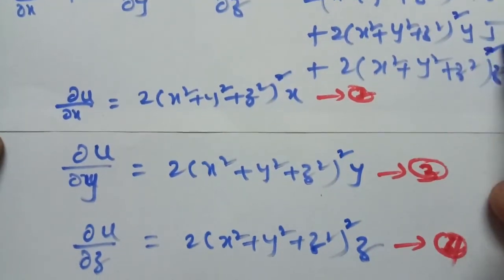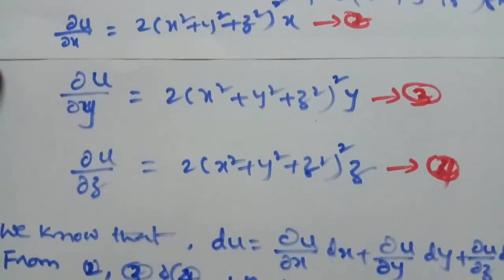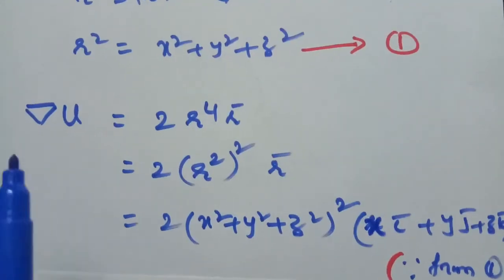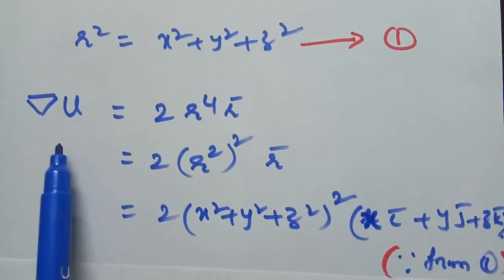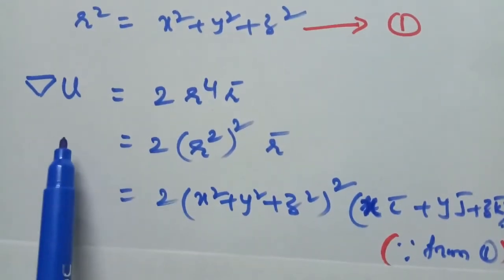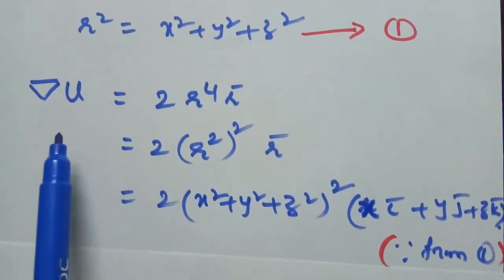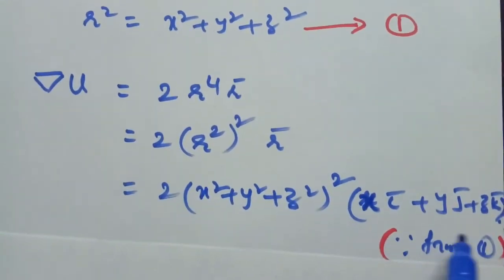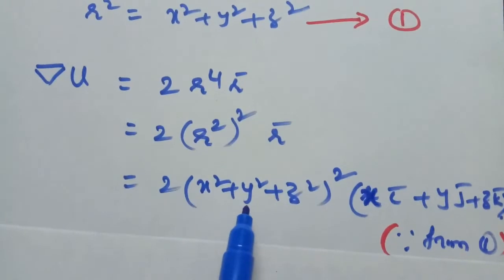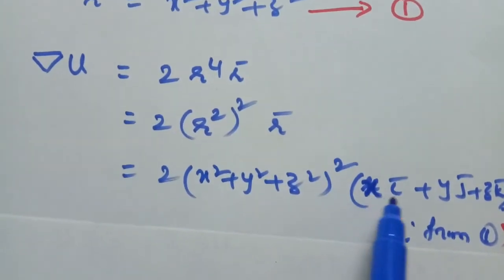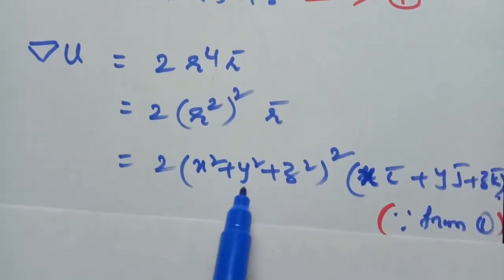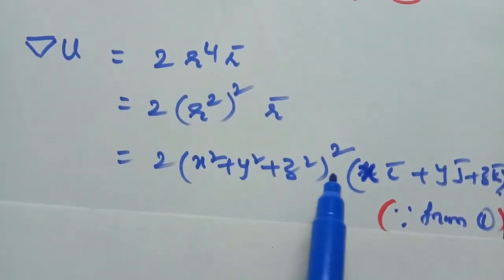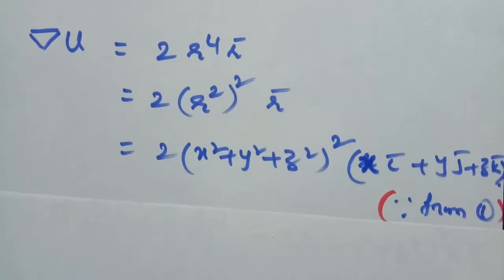Now del of u is equal to i bar dou by dou x of u plus j bar dou by dou y of u plus k bar dou by dou z of u, which is equal to 2 into x square plus y square plus z square whole square into x i bar plus 2 into x square plus y square plus z square whole square into y j bar plus 2 into x square plus y square plus z square whole square into z k bar.